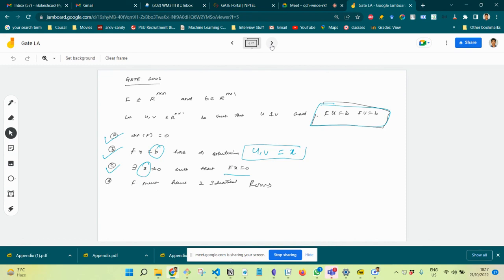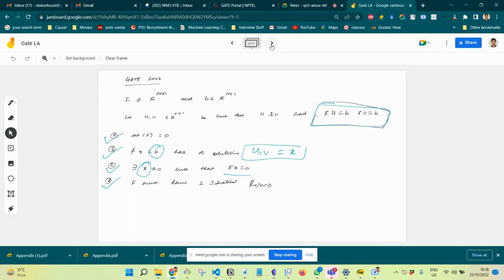Now option D, F must have two identical rows. Now this is not correct, right? Because from the specification of the question, all you need is, in the row reduced echelon form, at least one row that is all zeros.